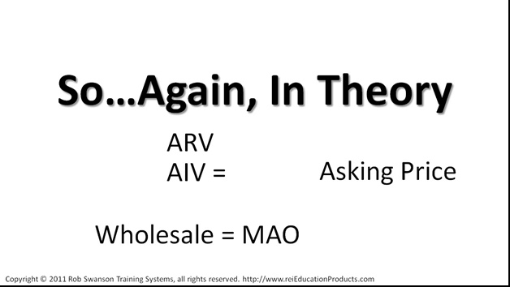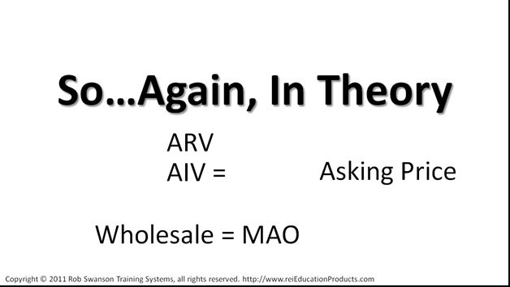What this range does is allow for all of your costs associated with fixing up the property, holding costs, maintenance costs, insurance costs, costs of money, and your profit. So your profit is this big range right here between the as-is value and your maximum allowable offer price.